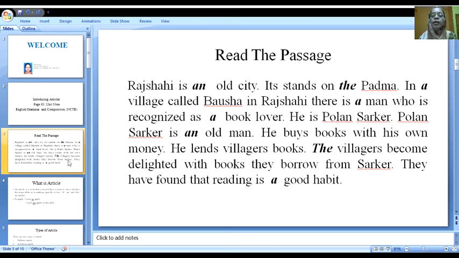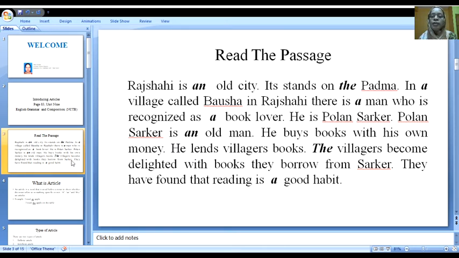Look, there are some words written in italic. In the first sentence, the word is an, and in the second sentence, the, then come to third sentence, a. Like that, there are some words there, a, an, and the.